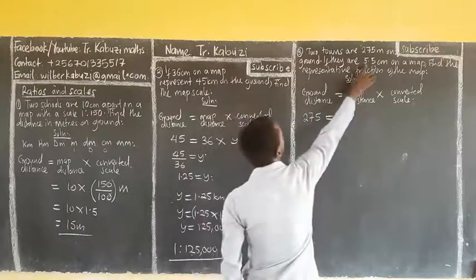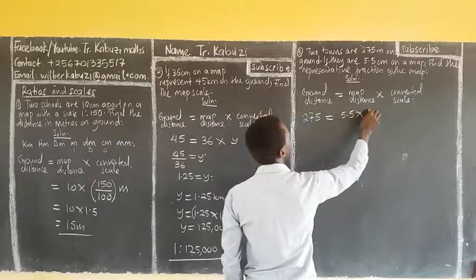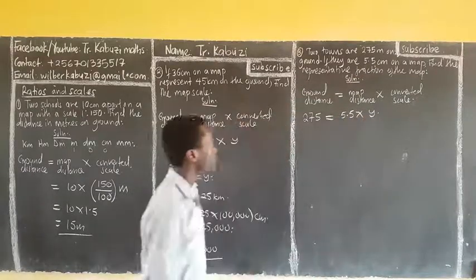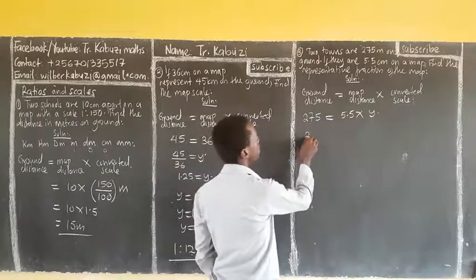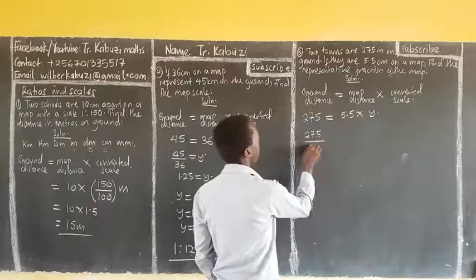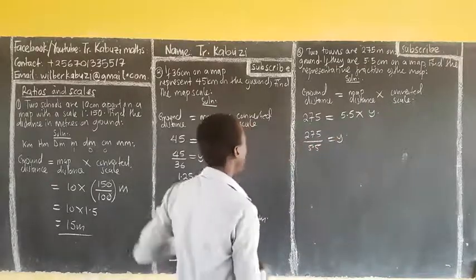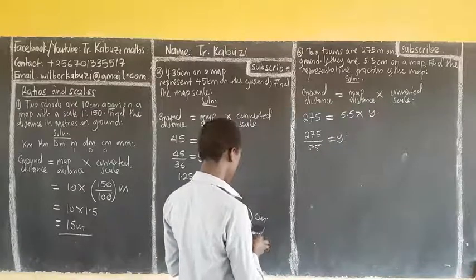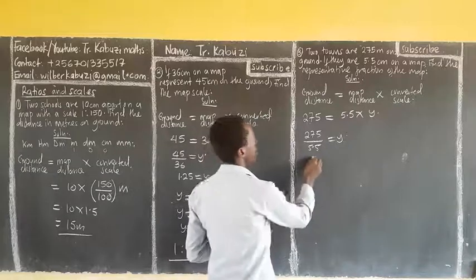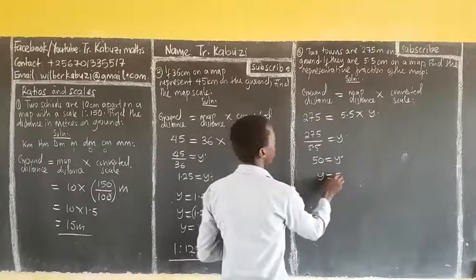The map distance is 5.5, times the scale we want. If I divide 275 by 5.5, I get y. Using the calculator, I get y equals 50.